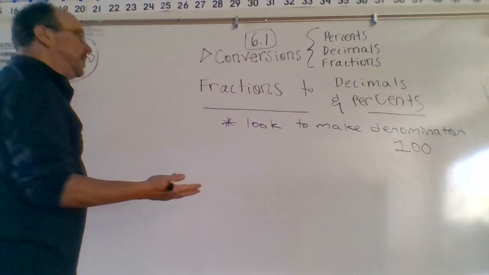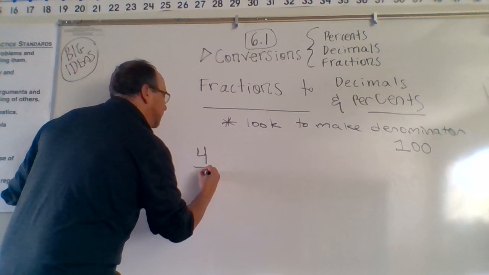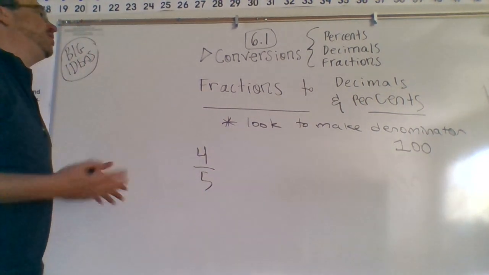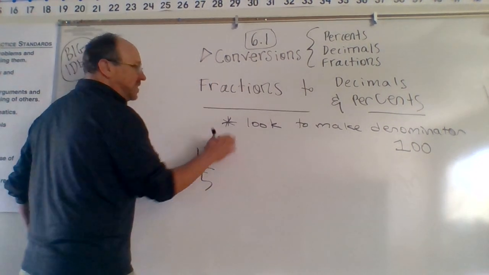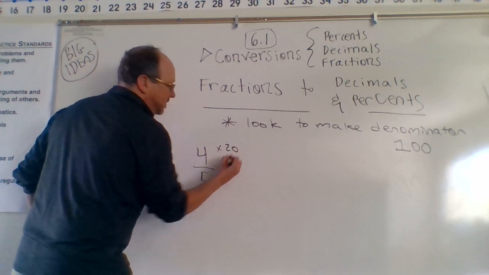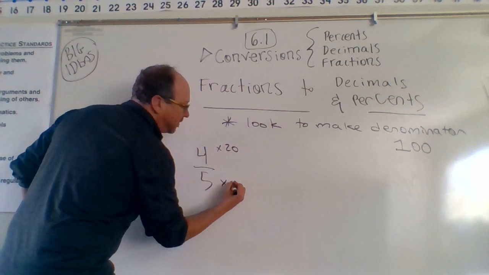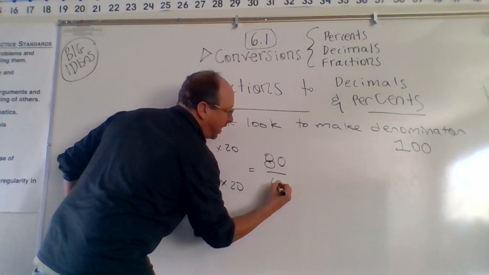A pretty familiar example right there, 4/5. You might see that and be like, cool, 80%, cool, 0.8. But let's just think of it in these terms. How would we make the denominator 100? 4 times 20, 5 times 20 is going to give us 80 over 100.